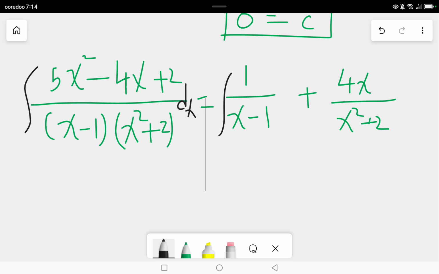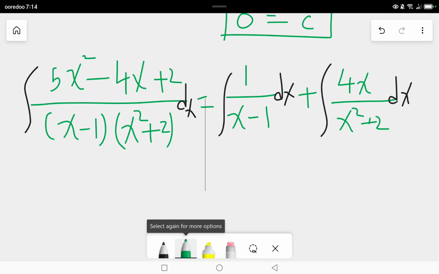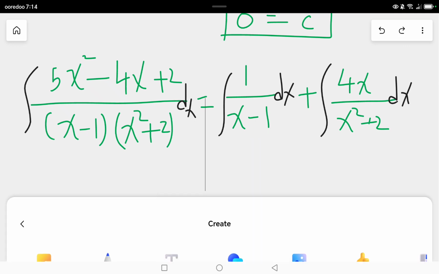So look, this is 1 over x minus 1. What is the derivative of this one? The derivative of this is 1, so directly you can write equal to ln.